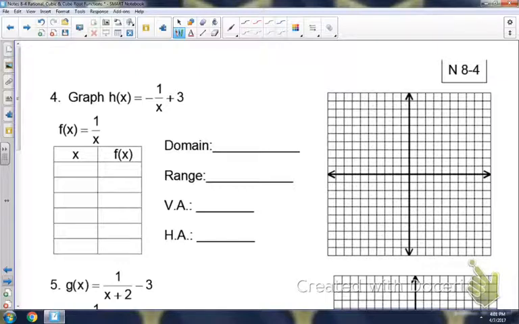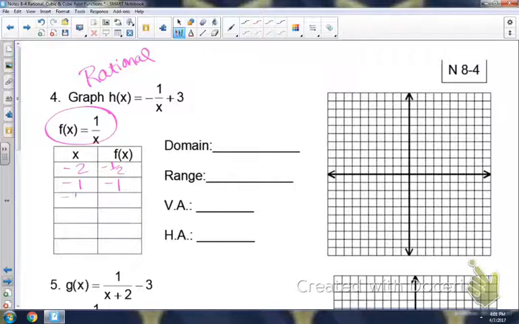Okay, so 4. First, you have to determine what type of function you have. This is a rational because we have a fraction. Here's our parent function from the front. Remember, the values that we used were -2, -1/2, -1, -1. We didn't use 0 because 1 divided by 0 is undefined.